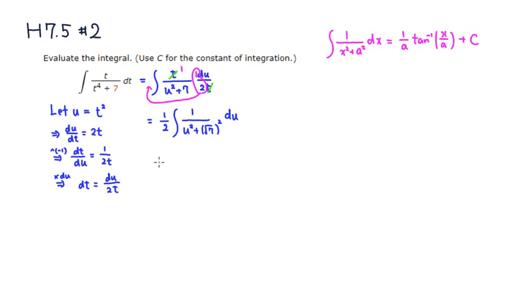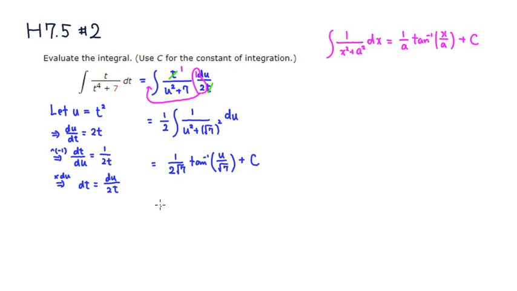So this is going to be 1/2 is already there. Then we have 1 over a, so 1 over the square root of 7. Then we have arctangent of u over a, where a is the square root of 7. Then you have plus some constant c.